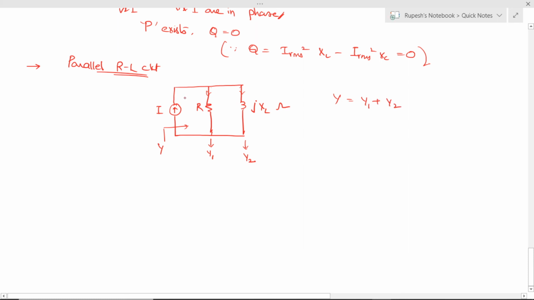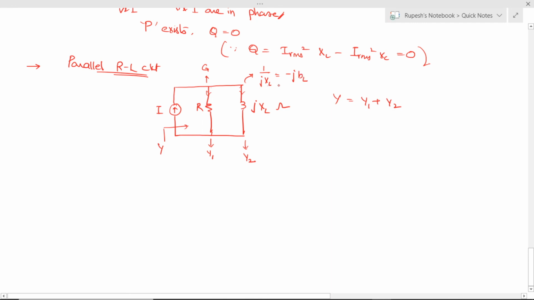Admittance is nothing but the inverse of impedance. The admittance across this branch is G, which is 1 by R, and 1 by JXL is also written as minus J into BL.